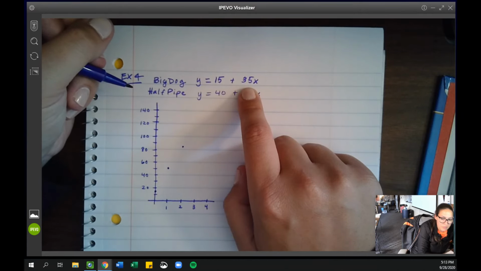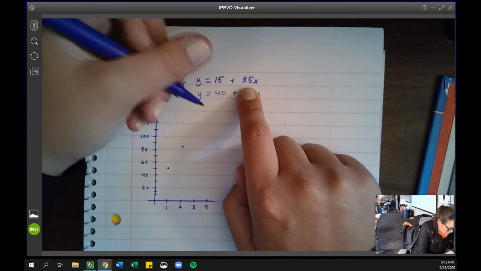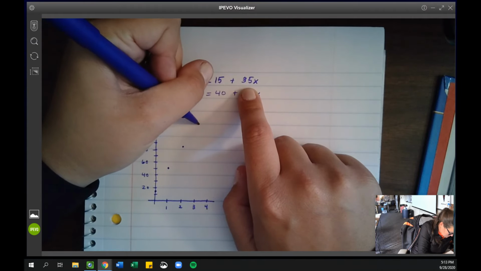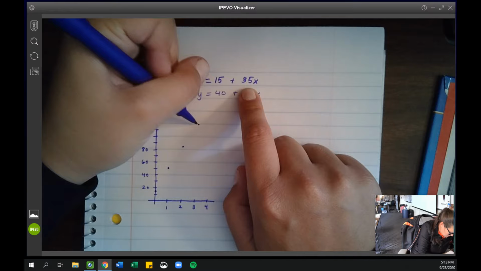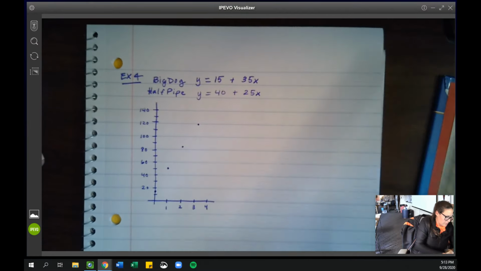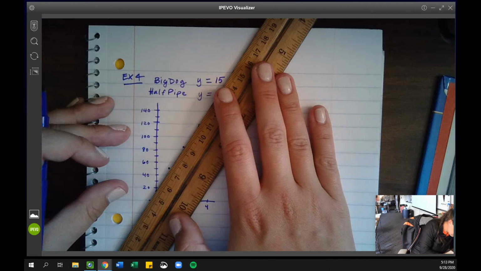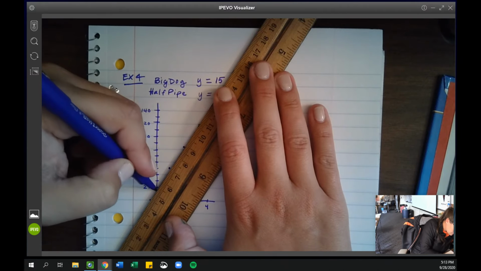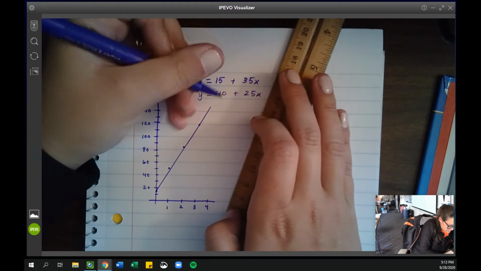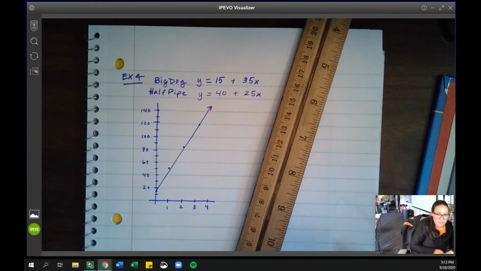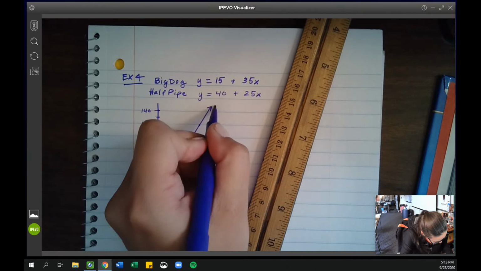Plus another 35 is 120. And then I think I'm going to run out of room here, so we're going to call that good. All right, so that's Big Dog.